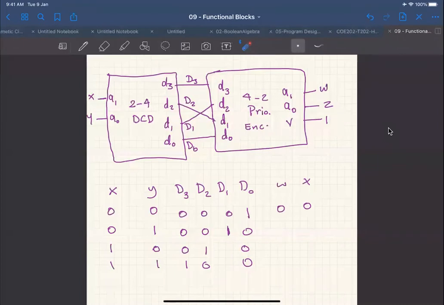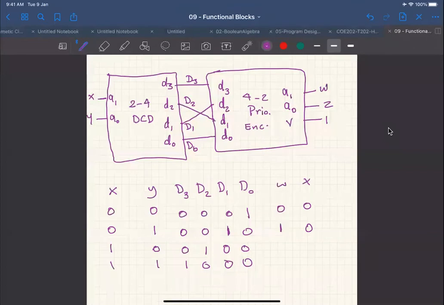Okay, I missed a 0 here and a 0 here. So D1 here is connected to D2 of this encoder. So my encoder here will output what? 1 0, which is 2, basically, okay?